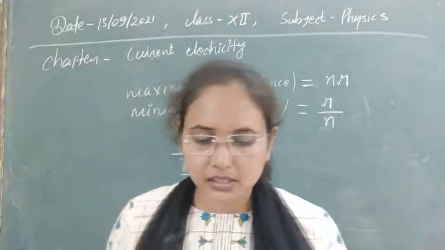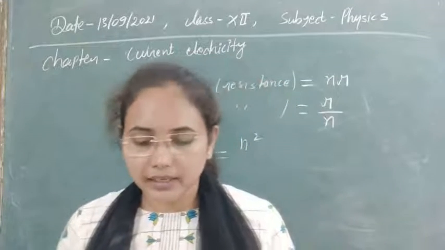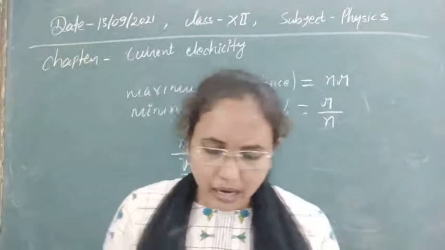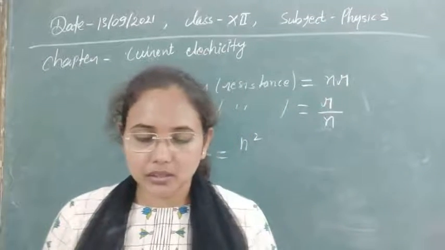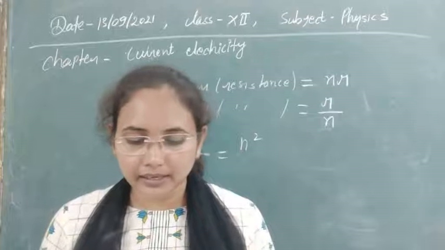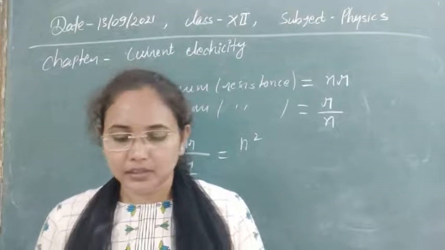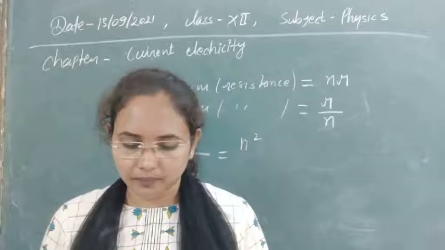Next question: 40 electric bulbs are connected in series across a 220 volt supply. After one bulb is fused, the remaining 39 are connected again in series across the same potential. The illumination will be now?